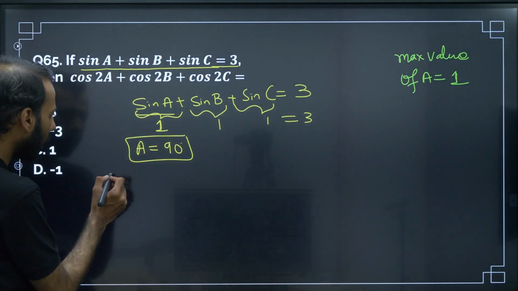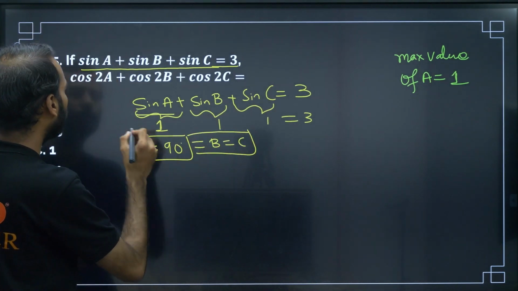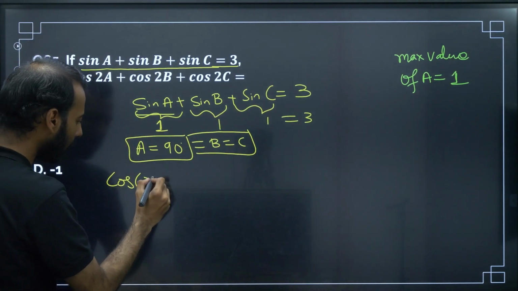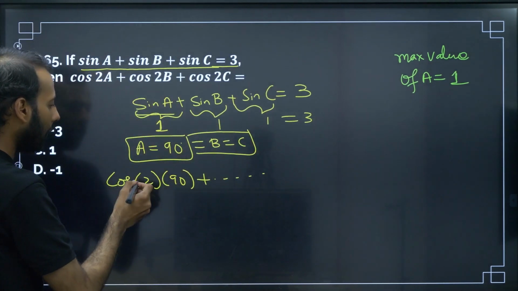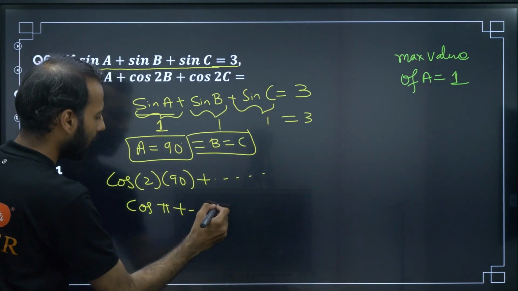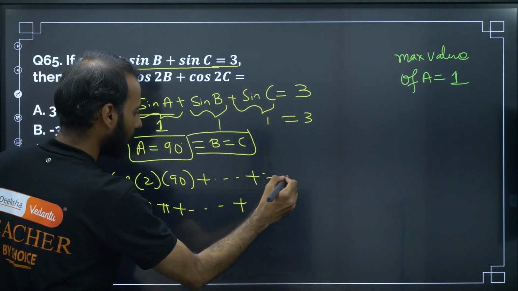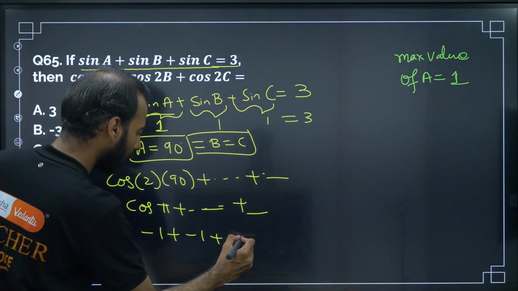So A is 90, B is 90, C is 90. So cos of 2 into 90 is cos pi, plus the same story, plus the same story. Here cos pi is minus 1, plus minus 1, plus minus 1.